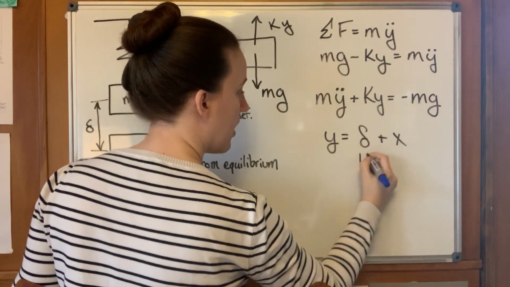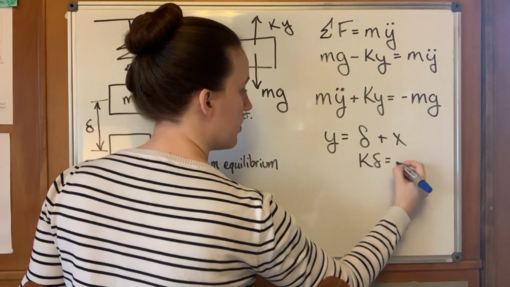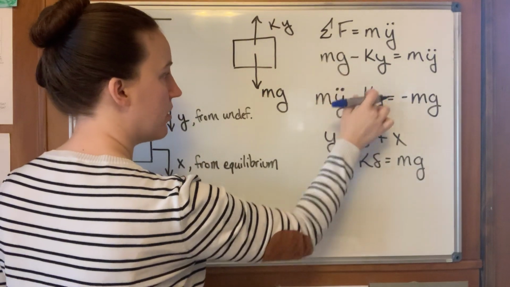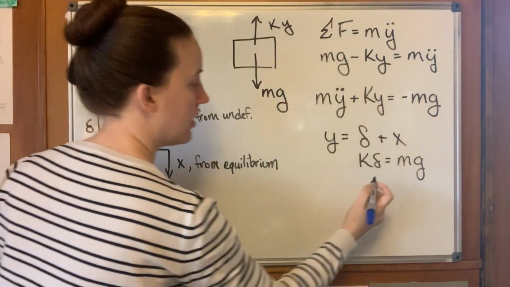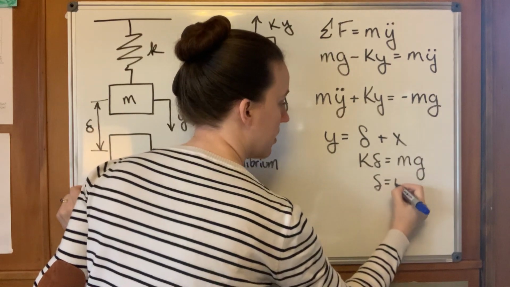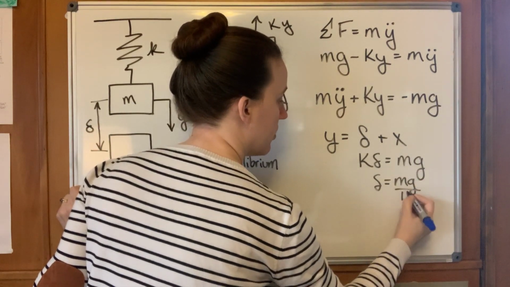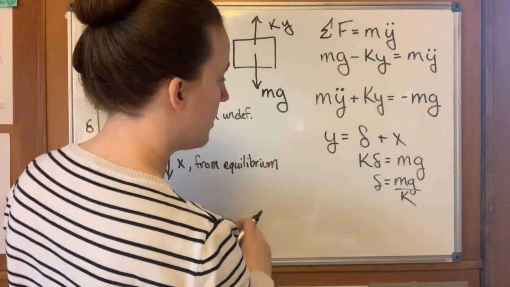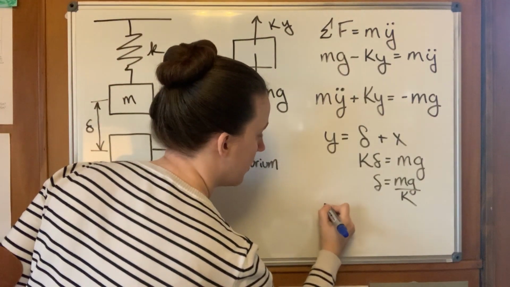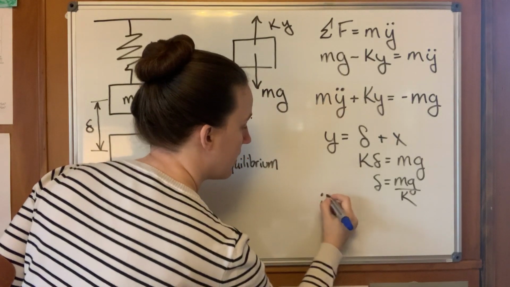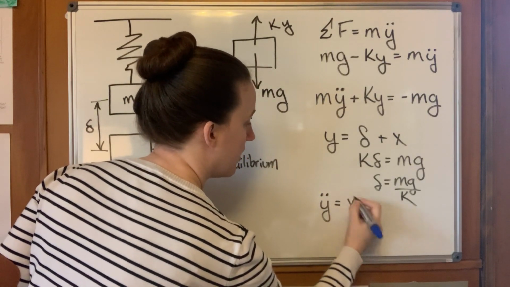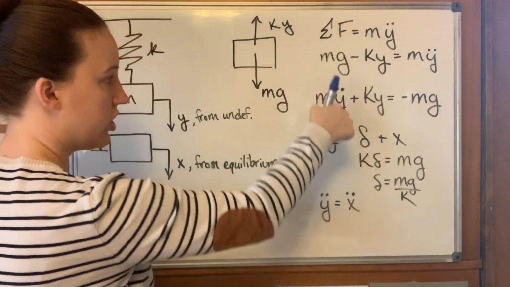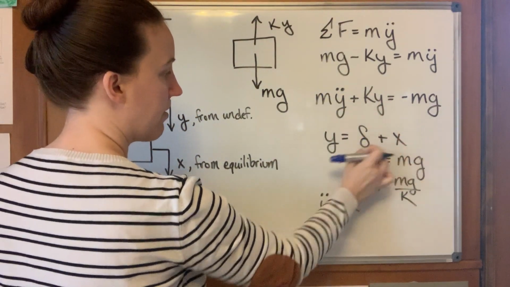So let's do k first. K delta equals mg. So that's just from setting this y term equal to 0. So now we can show that this delta is going to be equal to mg over k, which means now we can say y double dot is equal to x double dot.